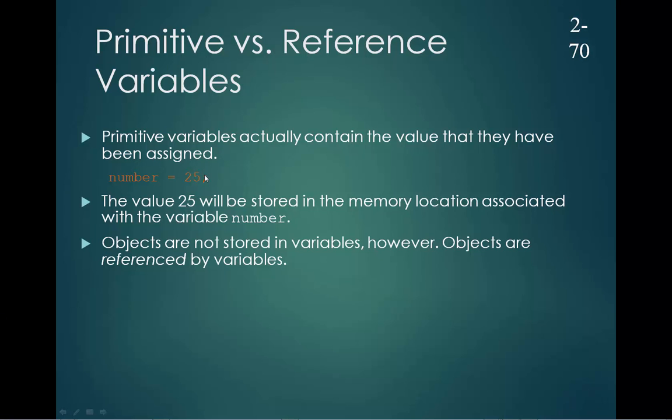Strings are different from primitives because in primitives, like for instance with this int number, the actual storage location for a number stores the value of 25. But objects are not stored in variables. Objects work a little bit differently because objects are more complex.